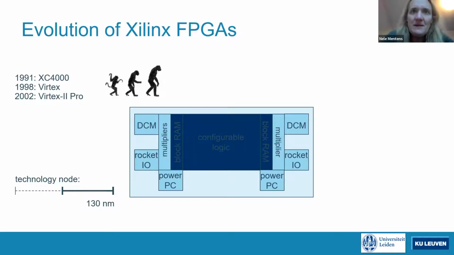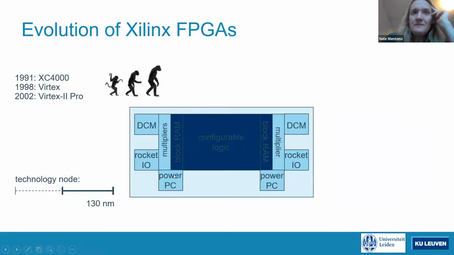And in order to make those applications more efficient, a number of dedicated, so hardwired, ASIC-like building blocks were added to the FPGA. And one thing that was added, for example, were multipliers. Because if you have to do, for example, a 16 by 16 multiplication, then it's not that efficient to do that using just the CLBs. So dedicated multiplier blocks, I think they were 16 by 16 at that time, were added to the FPGA.